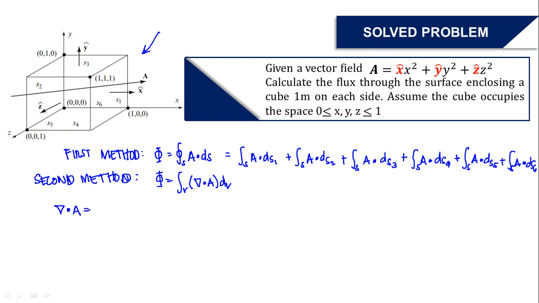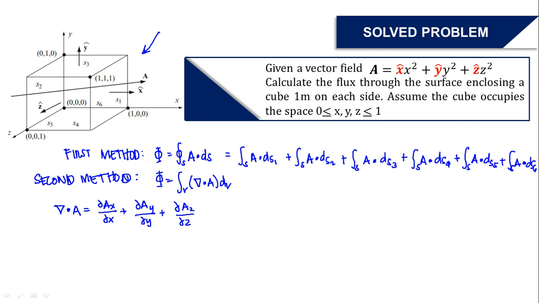divergence. So yung ating divergence, kung di ako nagkakamali, it is the partial derivative ng a sub x with respect to x plus partial derivative naman ng a sub y with respect to y plus the partial derivative ng a sub z with respect to z.